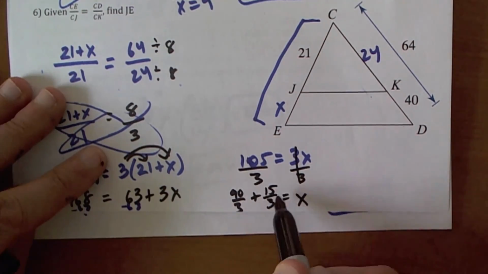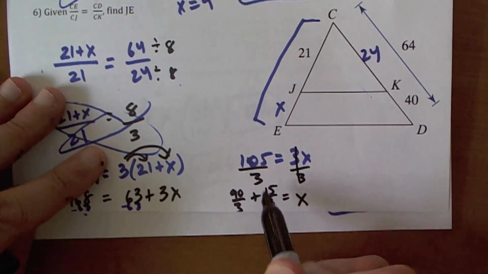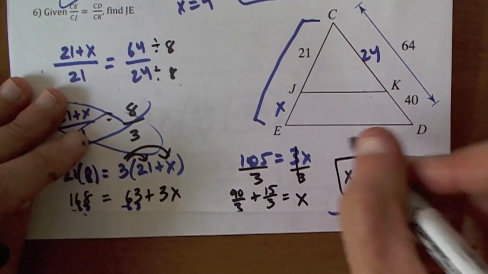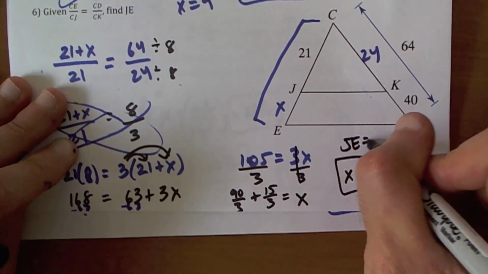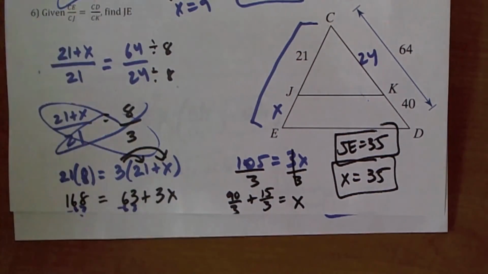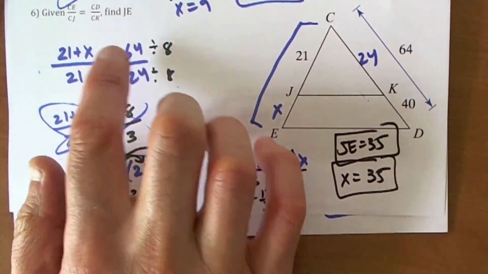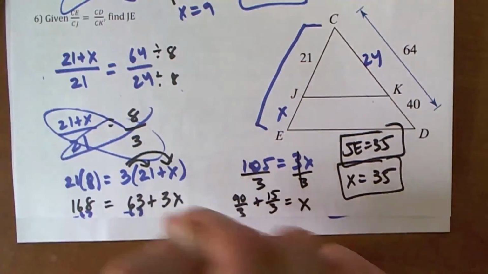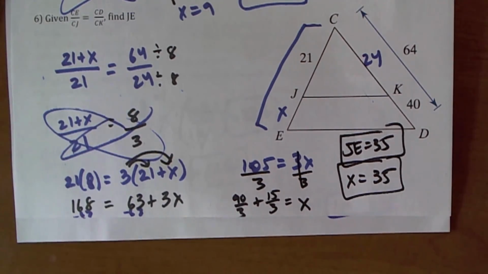I know 15 over 3 is 5. This is 30 plus 5, so x must be 35. So JE must be 35. You can double check that, but the long way is probably harder to do. If you don't have a calculator, it's good to reduce it down and use your head whenever you can.